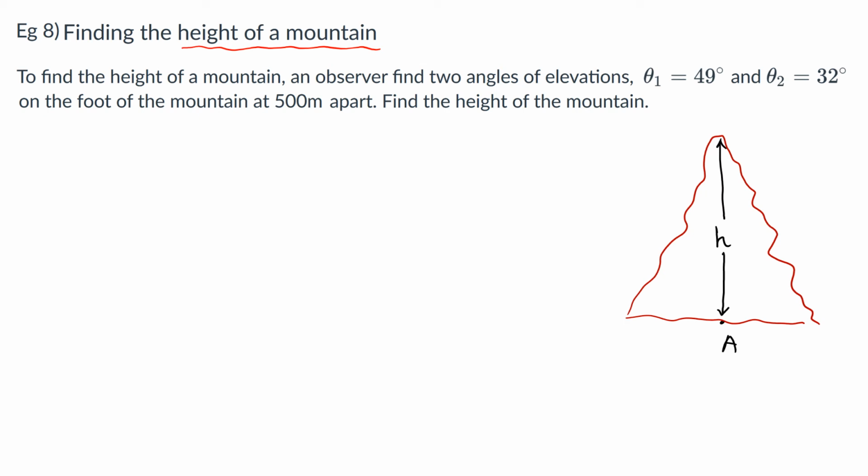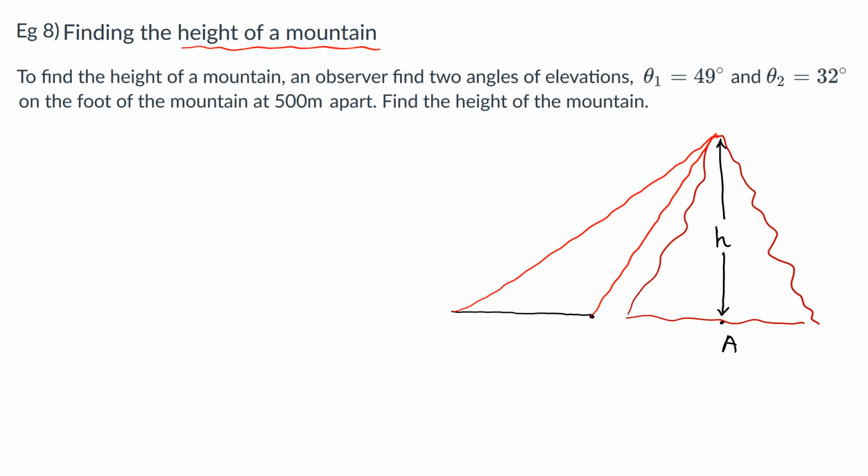But since we cannot do that, we're going to stay away, start at a point, let's say here, and measure this angle first, to the top. Then we're going to move away some distance, in this case 500 meters, and then measure the angle again. That's how we do it.